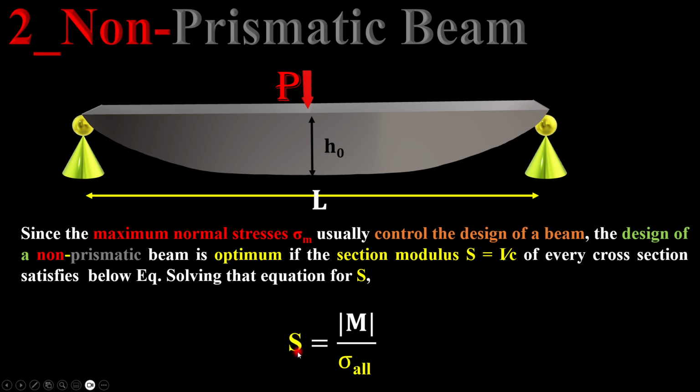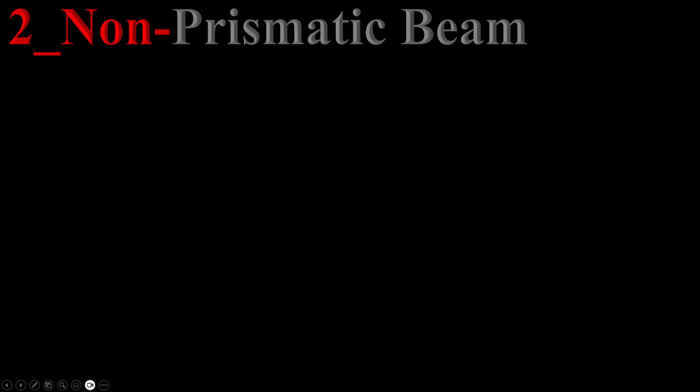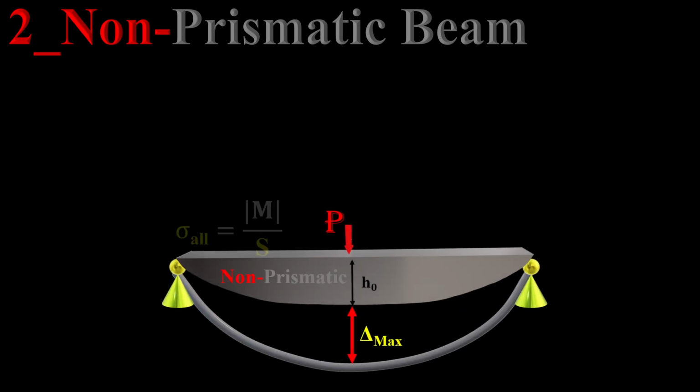Capital S, the section modulus, is the moment over the sigma allowable. In such a case, for a non-prismatic beam, you can rearrange the equation and write it down for sigma allowable, which is M over S.